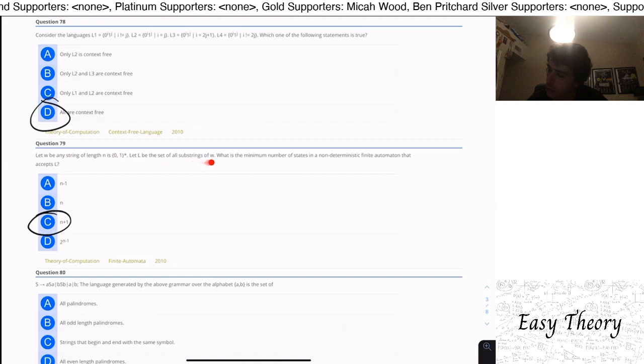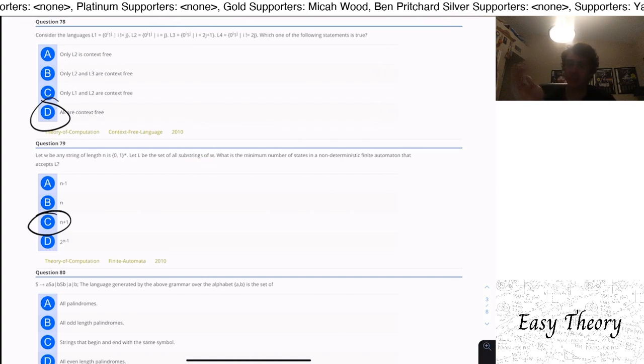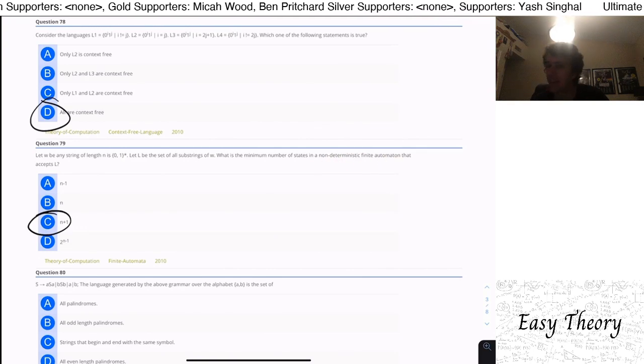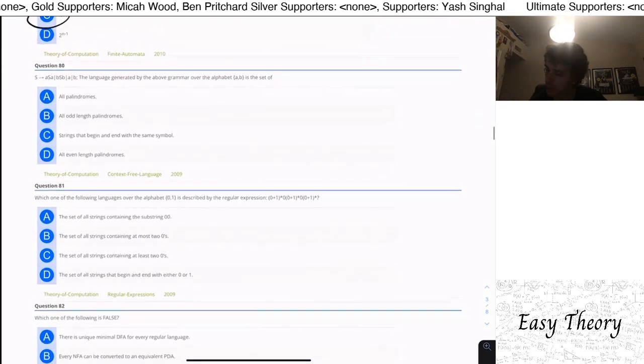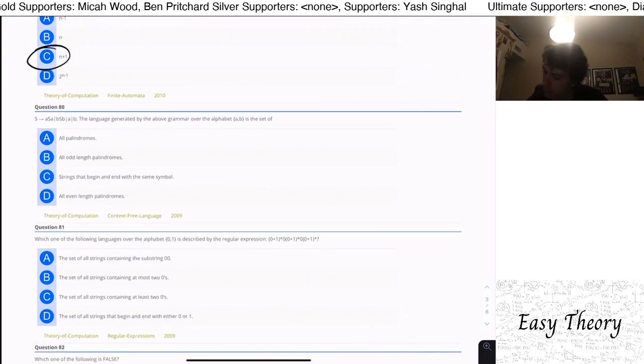So set of all strings of W, well, we can start the substring in any position of W, and then continue after that. And we're only dealing with NFAs here, so you don't have to do the power set construction here. Set of all odd length palindromes, so that's B.